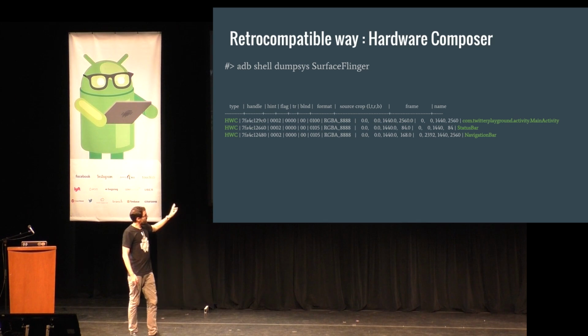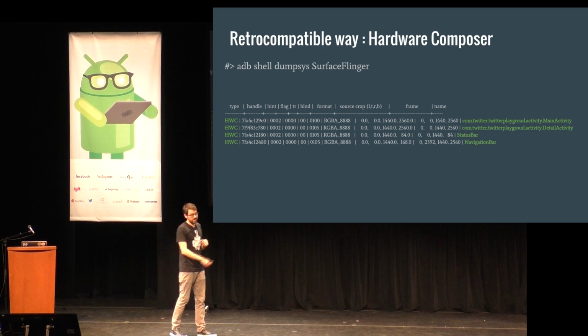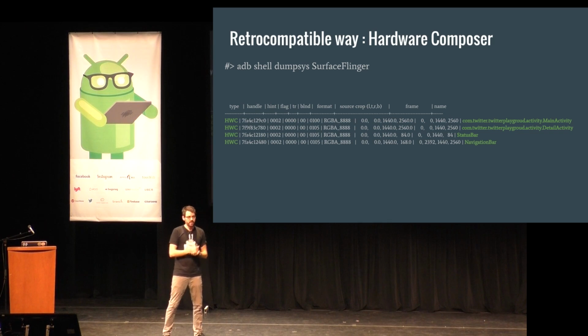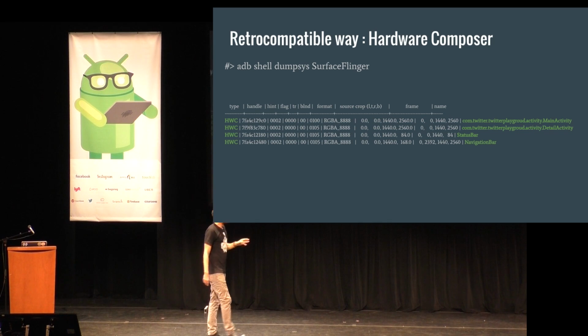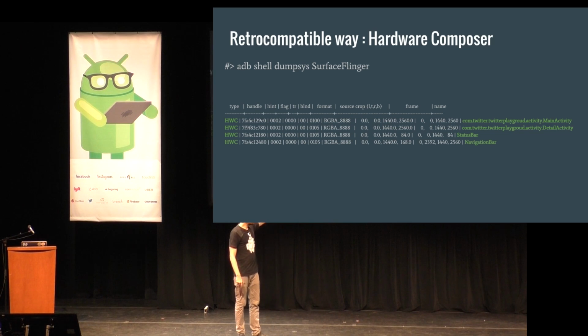Cool. Now, what happens when you start a translucent activity on top of the main activity? Detail activity here is my translucent activity. And if I run adb shell dumpsys SurfaceFlinger again, now I see 4 layers. Just so you realize, if detail activity was not translucent, if it didn't have that little flag set to true, it would still have been 3 layers, but detail activity would have replaced main activity here.